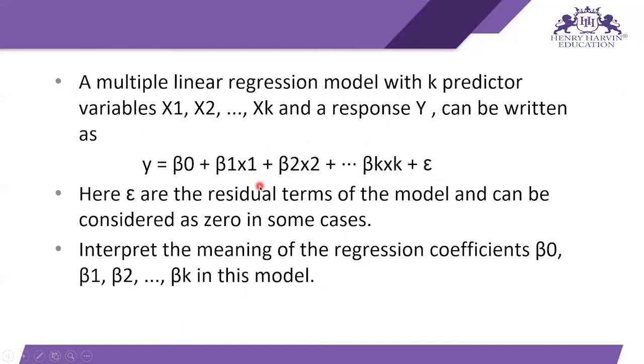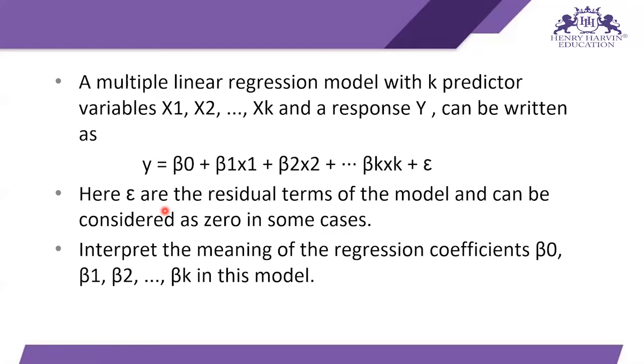A multiple linear regression model with k predictor variables x1, x2 to xk, and response y can be written as this equation. That's what a linear regression looks like. Here epsilon is the residual term for the model and can be considered as zero in some cases.